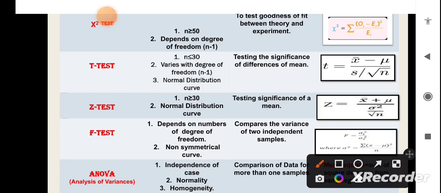These statistical tests used for hypothesis, such as chi-square test, t-test, z-test, f-test and ANOVA, will also be discussed in detail, and at last we will also see some questions, so make sure to watch till the end.